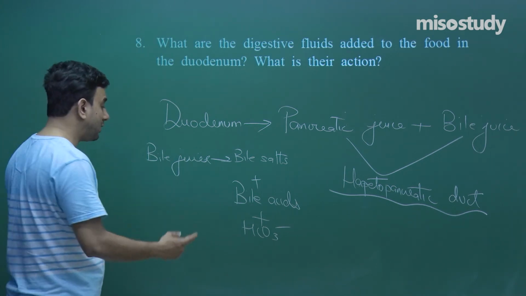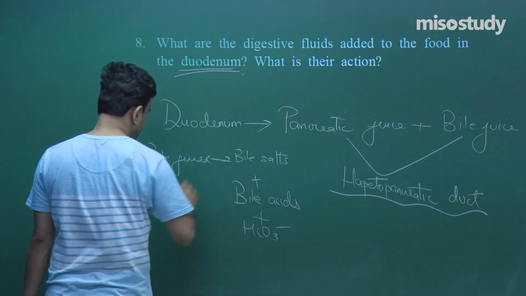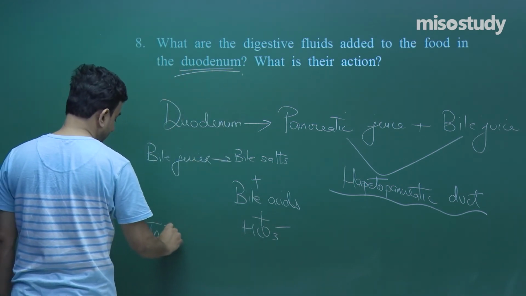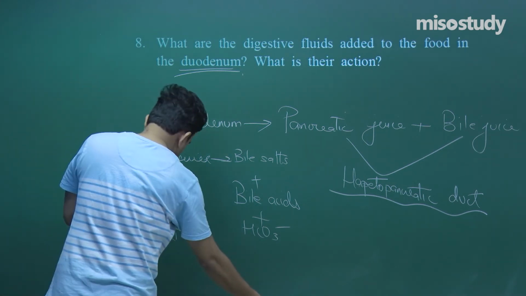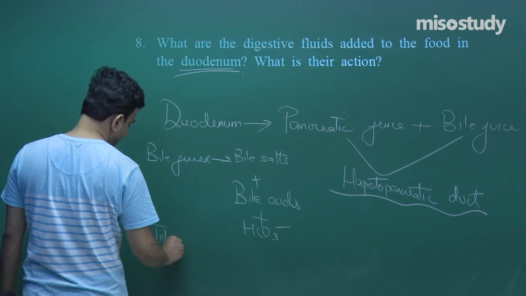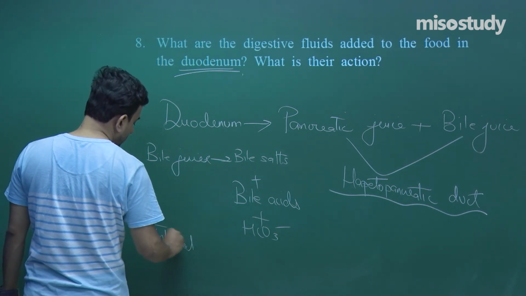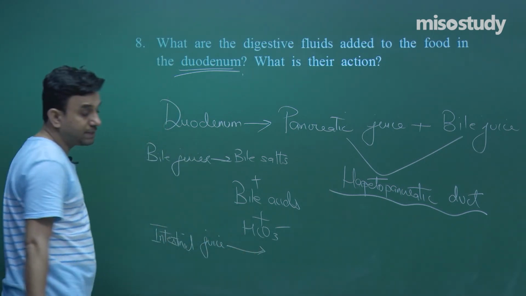Also, in the duodenum, the intestinal juice will also be there. As I've already told you, this intestinal juice will contain all the terminal enzymes.